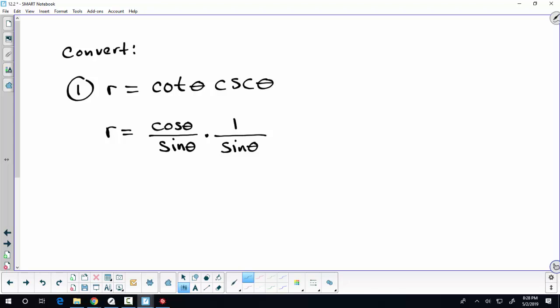So what would we do with the sine squared? Make that an identity. So it'd be 1 minus cosine squared. So if we change sine squared into an identity, 1 minus cosine squared, what would that do for us? So what would this being equal to r do for us?